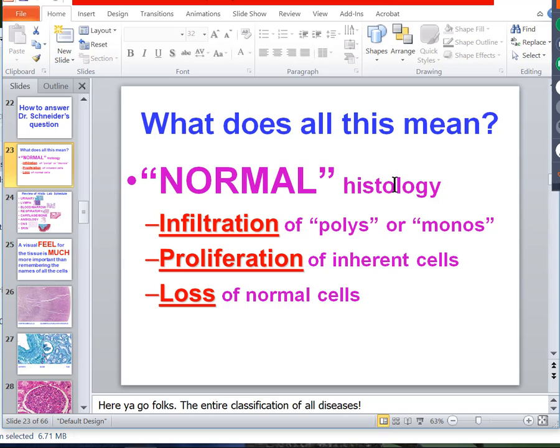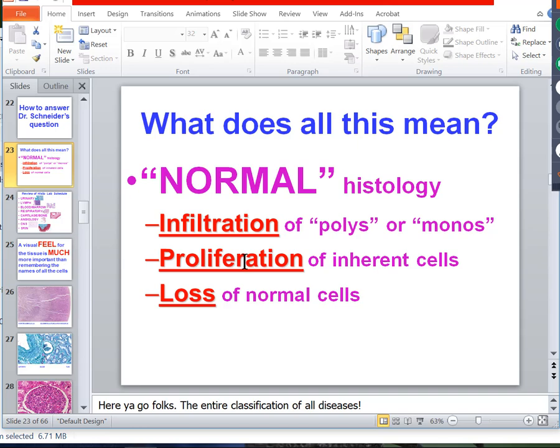Then this normal lung is infiltrated by either polys or neutrophils, then you would call that an acute inflammation of a lung, or an acute pneumonia, or acute pneumonitis. If basically, for example, the cells are mononuclear, like lymphocytes or macrophages, then you might call that chronic inflammation in the lung, chronic pneumonia, let's say.